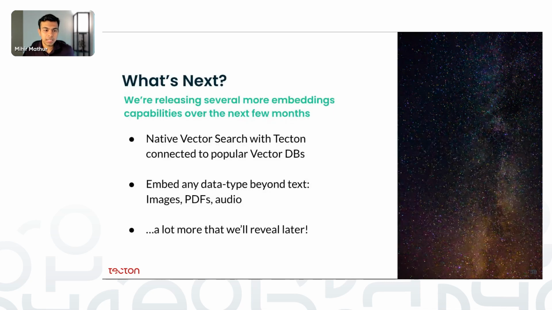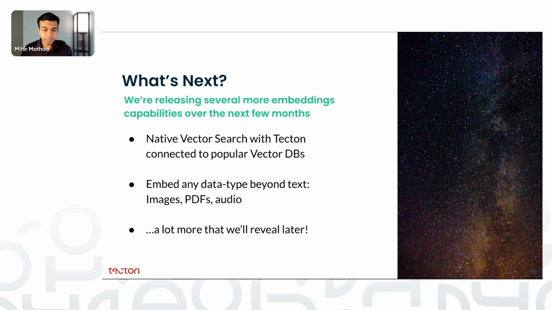So what's next? I'll just give you very quick pointers on what we're building next. We're going to add native vector search with Tecton connected to popular vector databases. So currently our approach is to just export and you do the vector search yourself. But a better experience is if you could connect with the top vector databases and just do the search with Tecton.